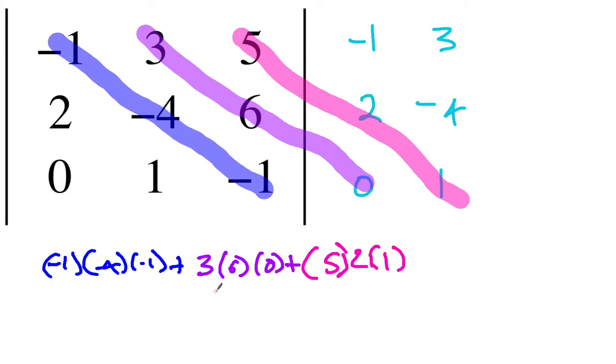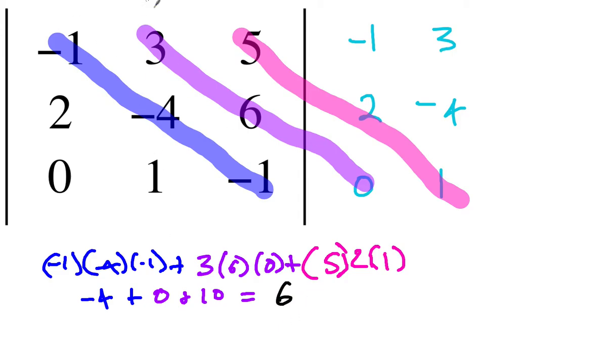So that's -1 times -4 times -1, and that gives us a -4, plus 3 times 6 times 0 is 0, and then plus 5 times 2 times 1 is 10. So all of this added together gives us 6.